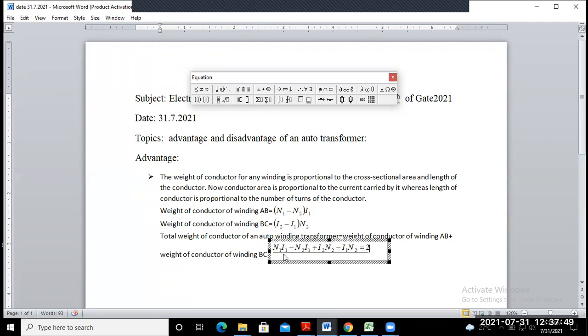That means 2 times of N1 I1 minus 2 times of N2 I1, is it not?